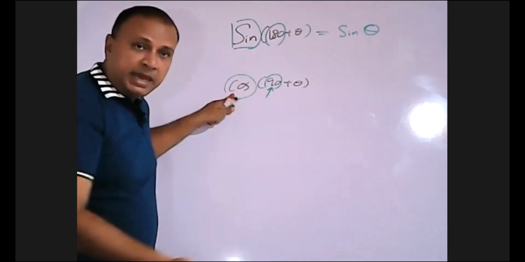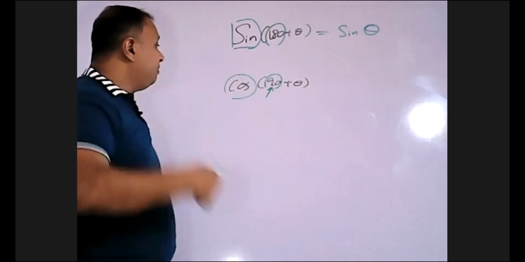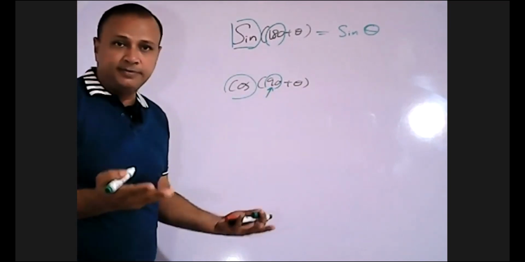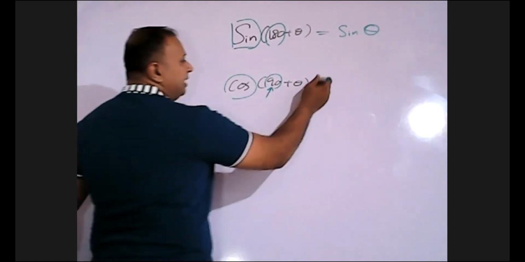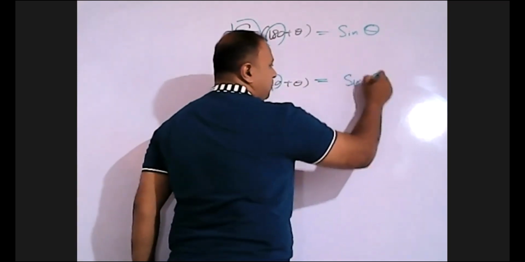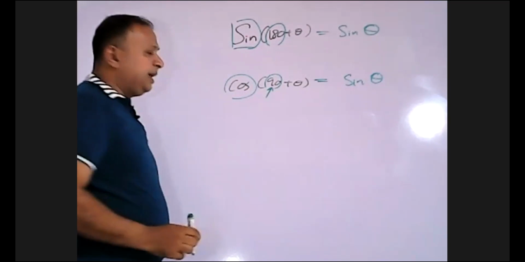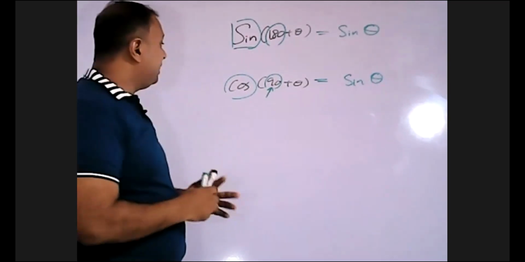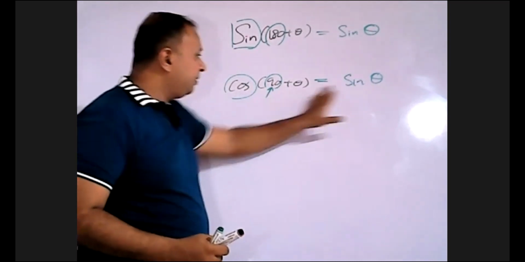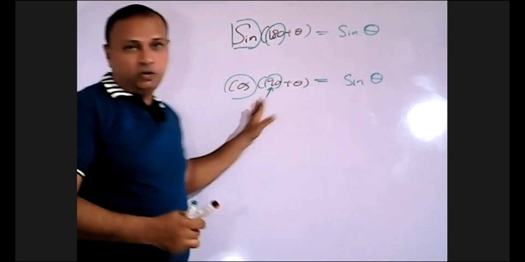Cos will change to sine, sine will change to cos, tan will change to 1 over tan, or cot. This is the way of deriving the magnitude.